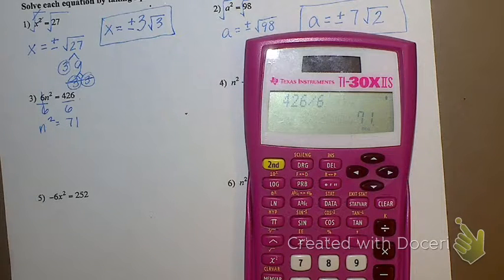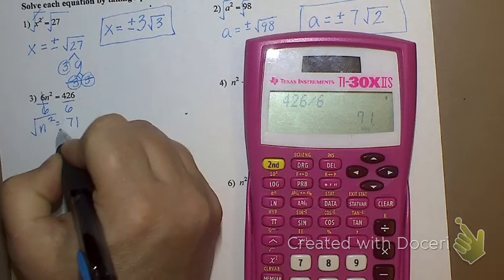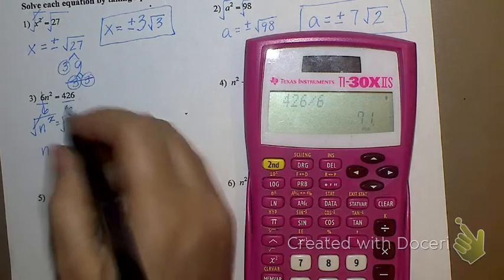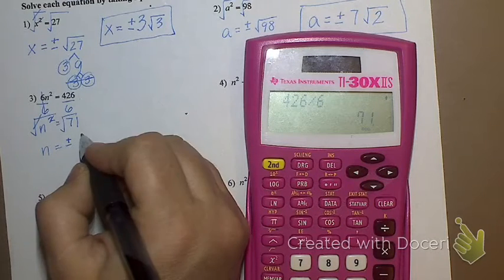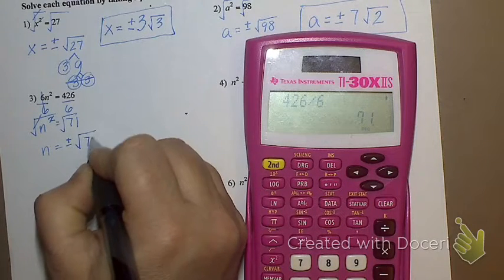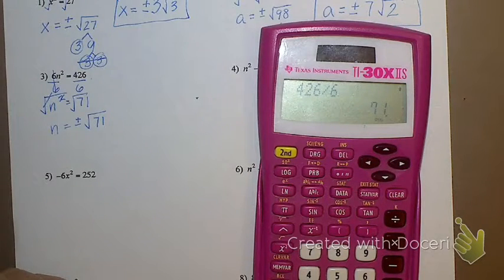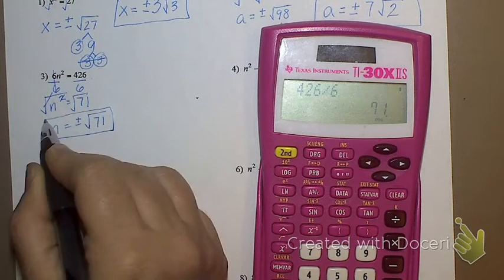Now is n squared by itself? So what can I do? Square root both sides, remembering to put what in the problem? Plus or minus. And yes, I'm going to ask that every single time so that you remember it and you hear it in your head as you're doing the problem. Now, can I draw a tree for 71? Why not? Because it's a prime number, isn't it? So that is as simple as it can get.